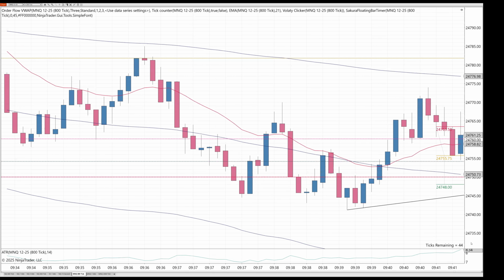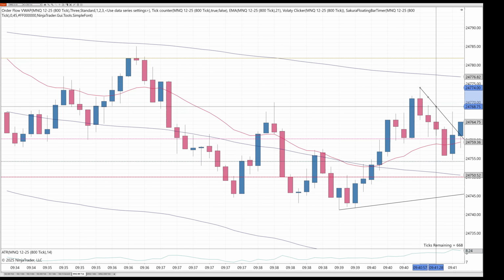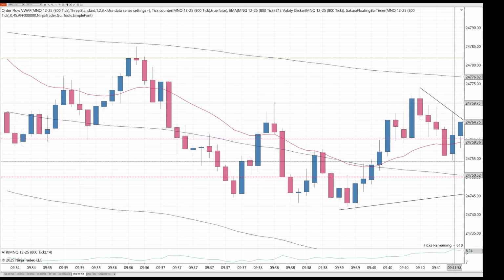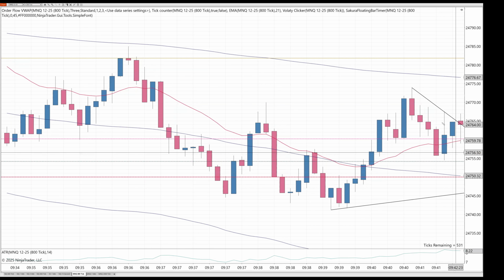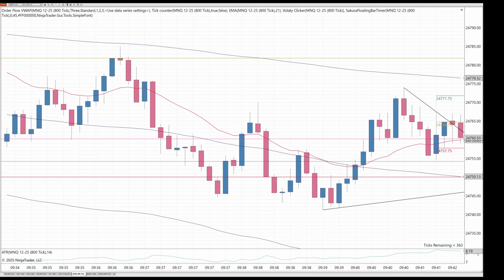And there you go. It triggered and stopped out immediately. Now we actually have a potential bullish trade. Problem is we have this trend line in the way, so we can't take this one either. Trend line could be potential resistance. In this case, it was.